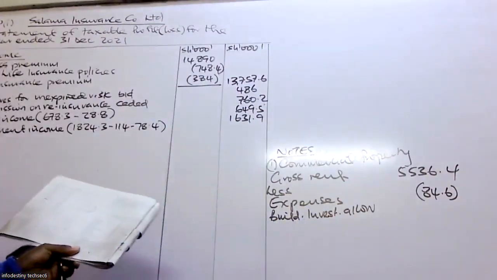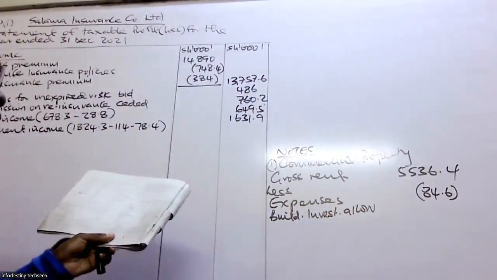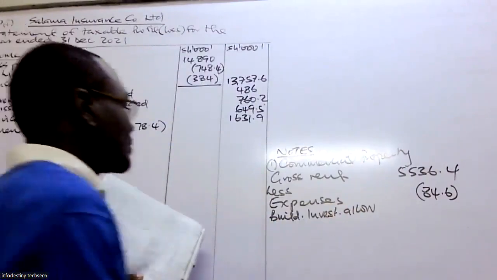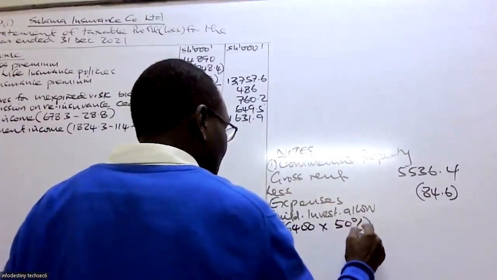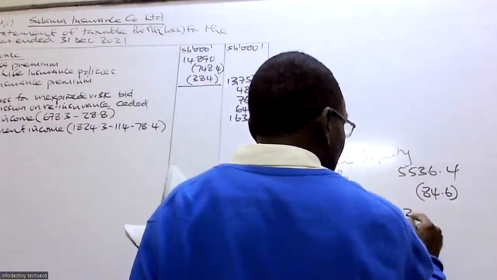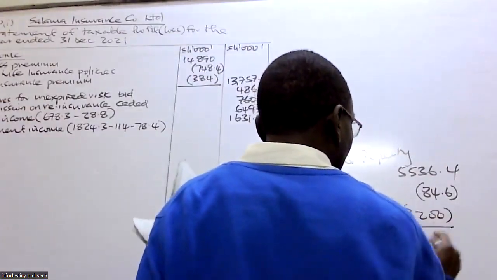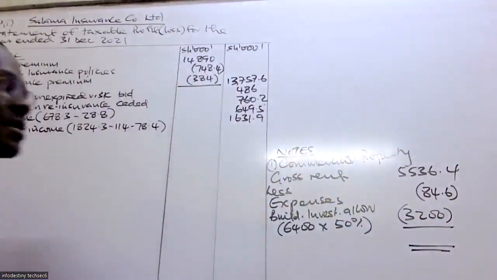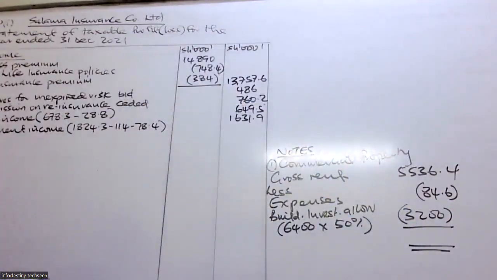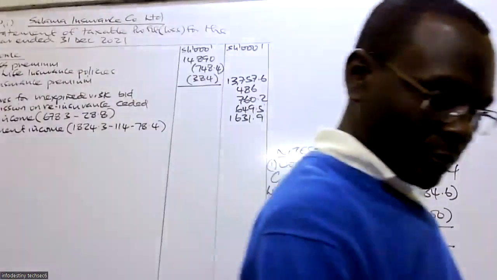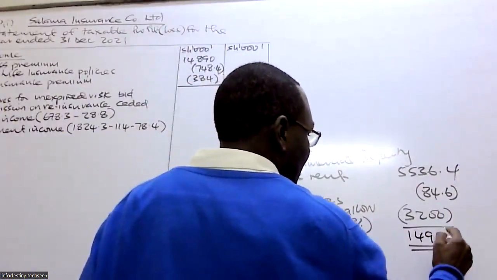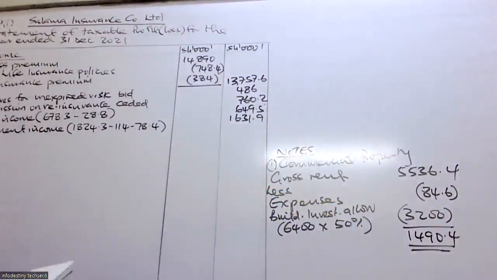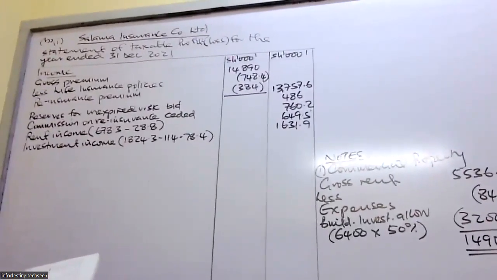The total cost of shops, offices, and showroom is 6.4, so we just get 50%. So 6.4 million, we get 50% of that, and that would be 3.2 million. The difference we tax. So the difference is how much? 1490.4. That is what we bring to income.